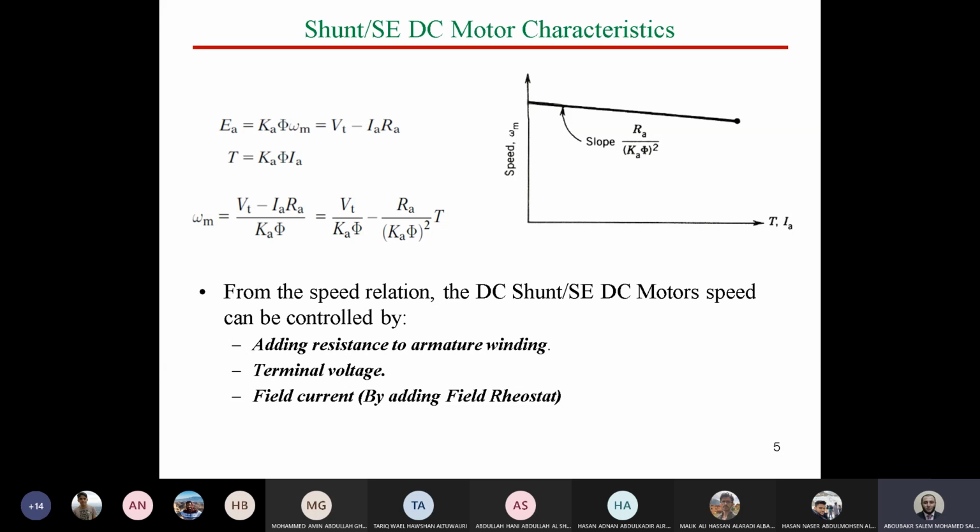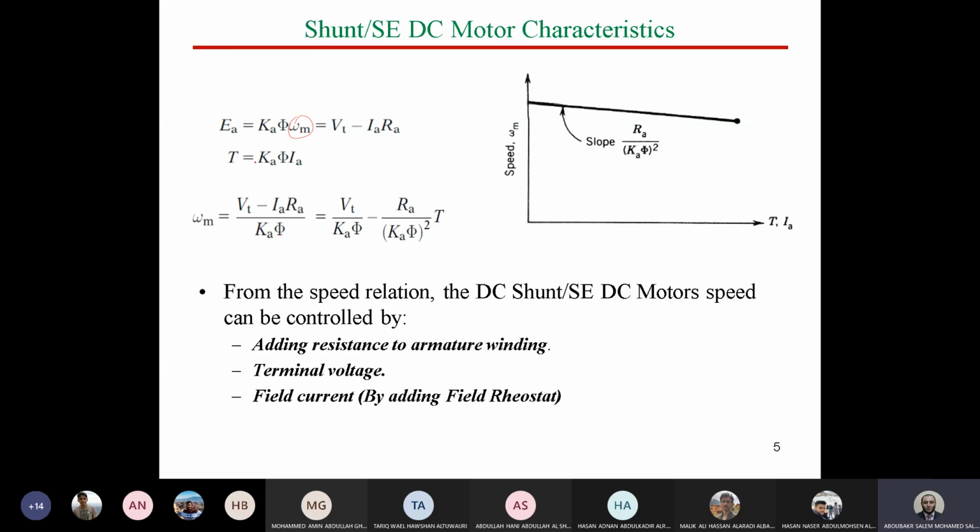Regarding the characteristic of the motor, in order to get the characteristic, simply in the mathematical model you have EA equals KA phi multiplied by omega equals VT minus IA RA. So you can say now omega equals VT minus IA RA over KA phi. So just divide by KA phi.